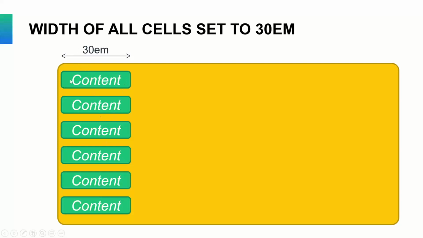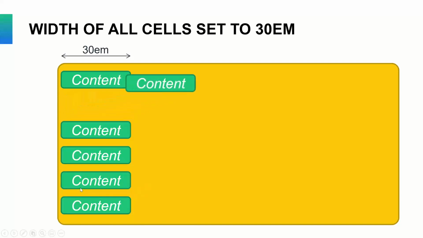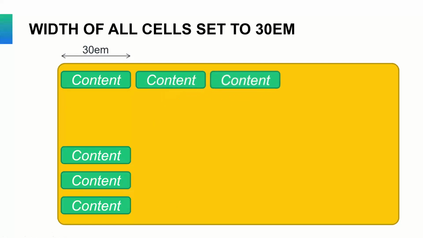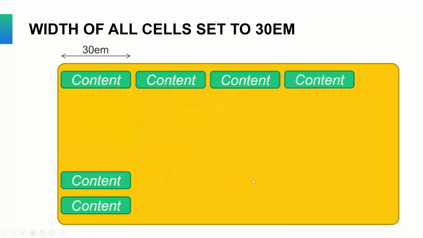I've set them to have a width of 30 ems. But they're not going to appear like that if I'm using Flexbox. What will happen is they're going to arrange themselves in a row. And there's plenty of space left, so I think they can fit another one in. And then there isn't enough space in the container for another 30 ems.